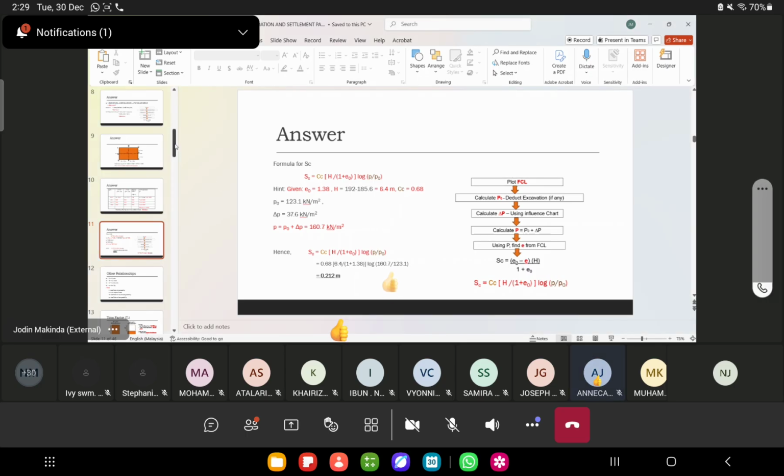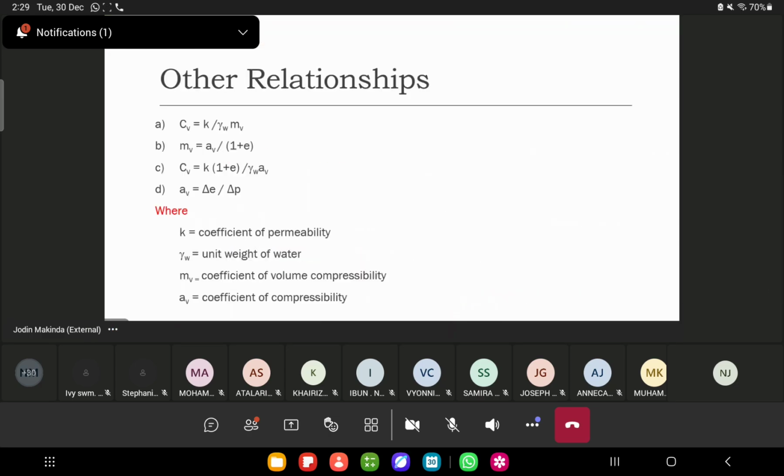All right. So now, in summary, we can see that the study on settlement and consolidation exposed us to the relationship between volume, mass, and the volume of soil.